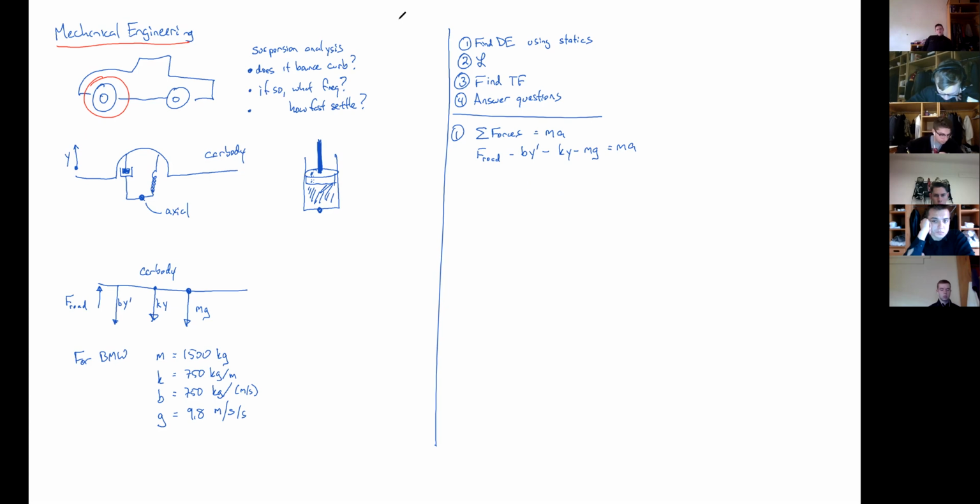I don't want to spend too much time going through the algebraic details of solving this, but I will say that if you solve this for y and recognize that acceleration is just a clever way of saying y prime prime, and plug in these numbers, you will end up getting this equation: y prime prime plus 2y prime plus 2y equals x of t, where we've redefined mg minus force of the road to be our input.